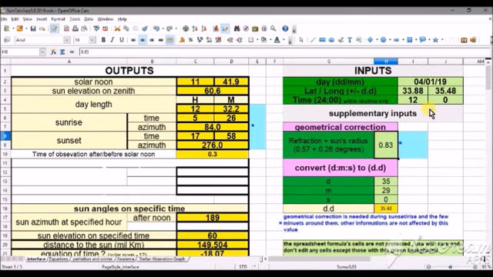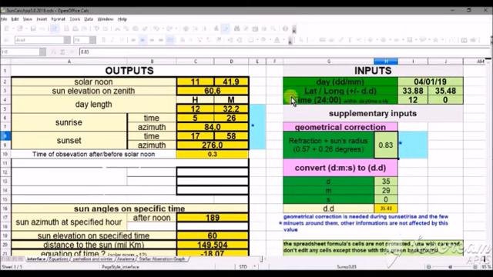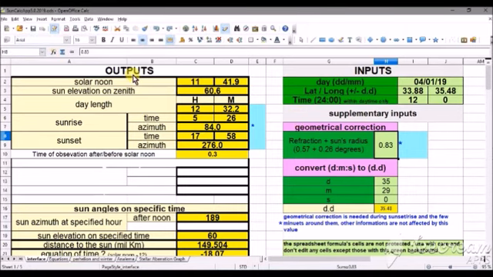So these are the inputs. Now, before I forget, this here, and this here, means that this input affects only this part of the calculator. So what outputs do we have? The first thing is the solar noon. The second is the sun elevation at zenith.